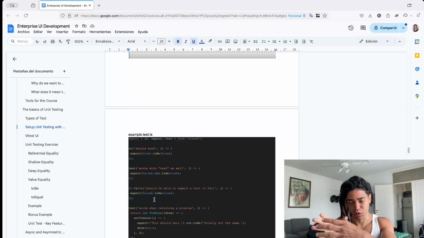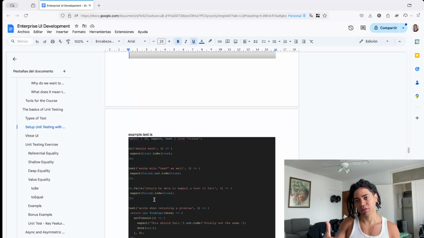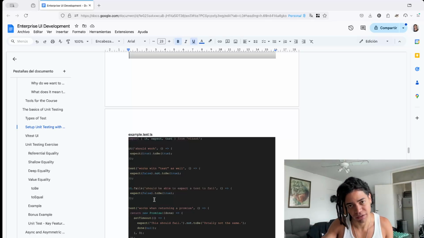So for example, if you want to check referential equality or value equality, and this distinction is something important to know, especially because we are going to test JavaScript itself, JavaScript functions.